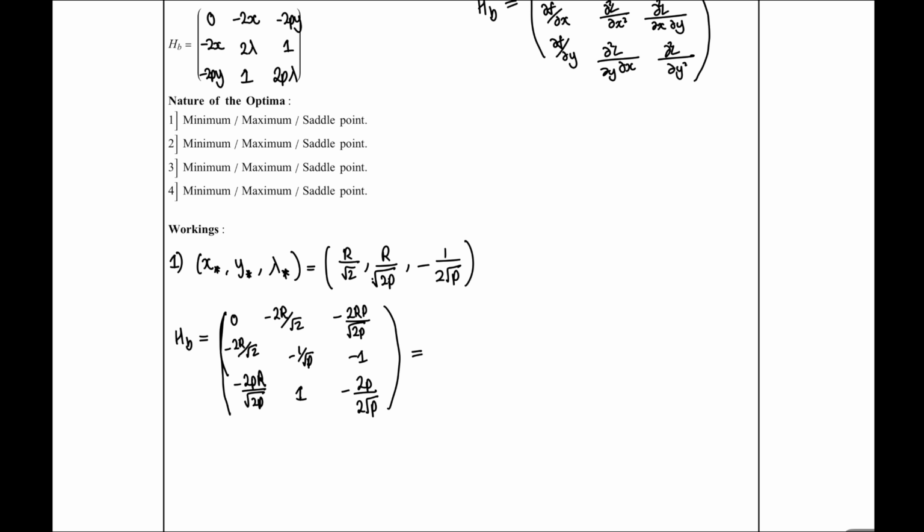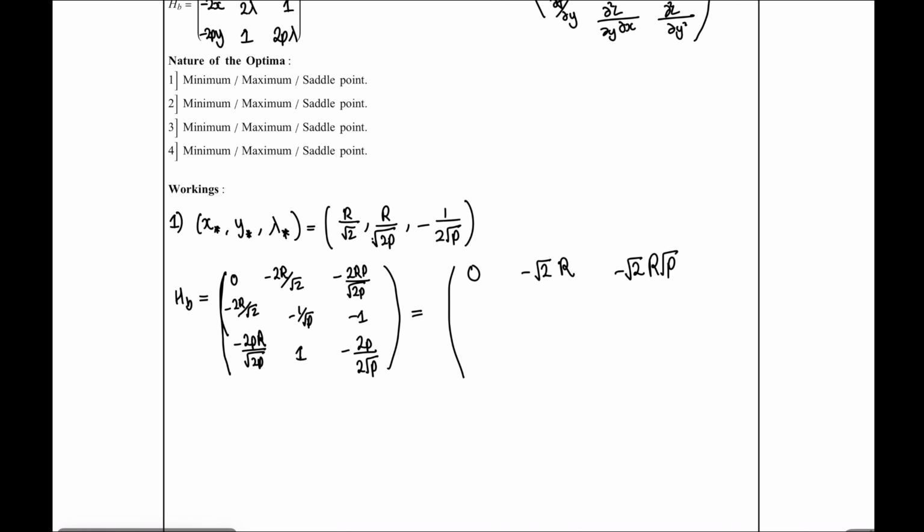If I now just simplify this matrix, 2 over root 2 is just root 2, so this simplifies to minus root 2r. Simplifying this, again 2 over root 2 is just root 2, so we get minus root 2. P over root p would be root p, so we get finally minus root 2r root p.